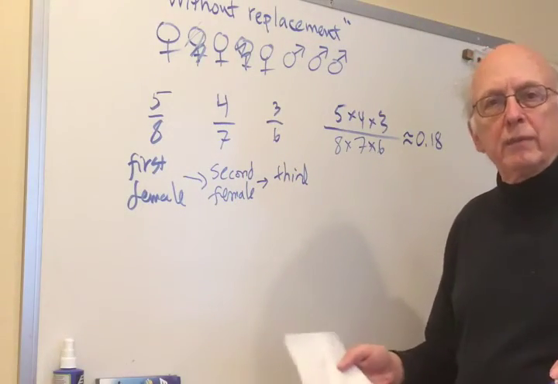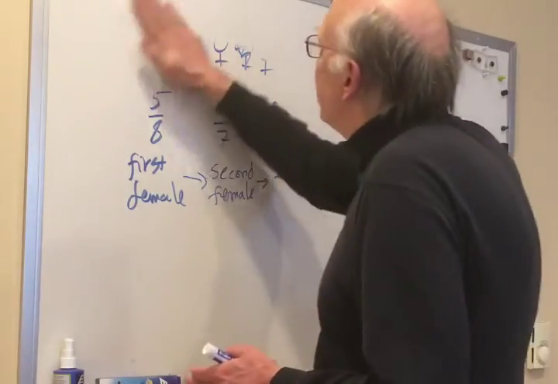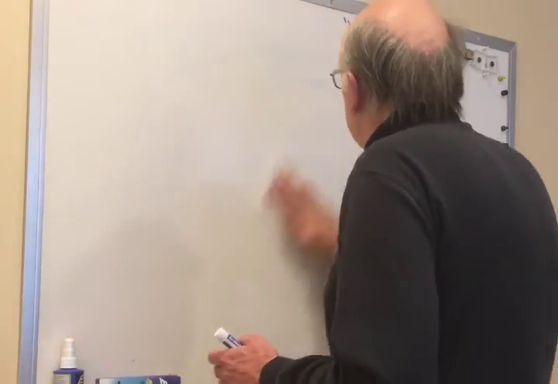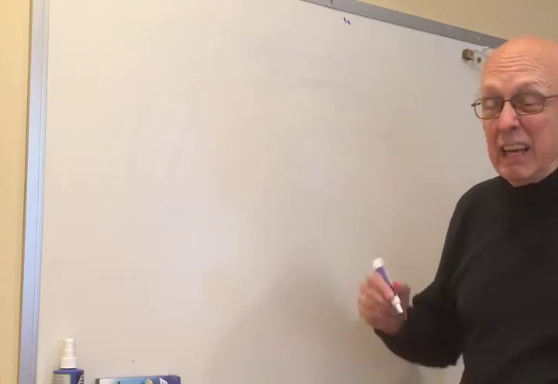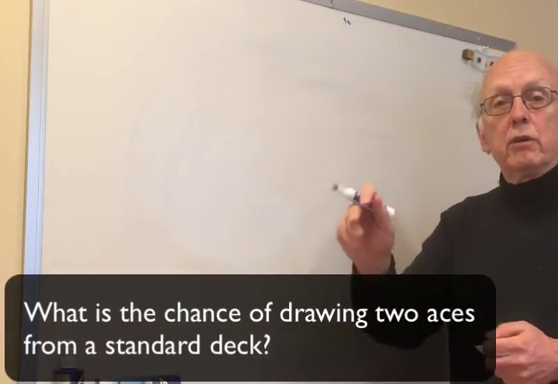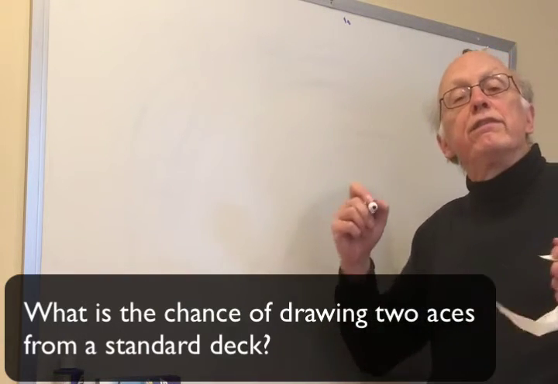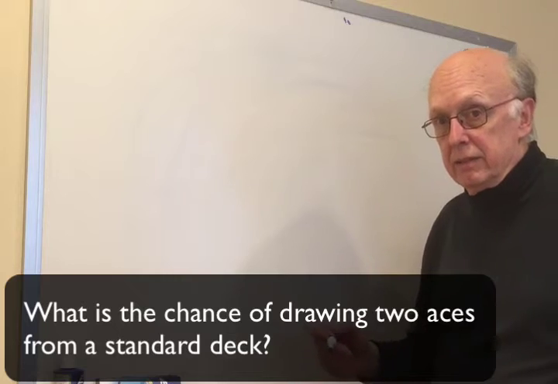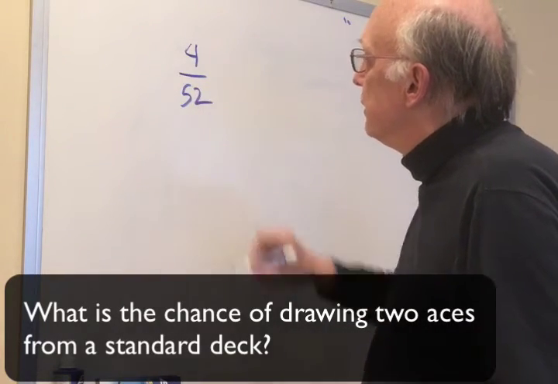There's a whole other family of problems where this same principle occurs, and that's when you're drawing from a deck of cards. Like, what is the chance of drawing 2 aces if you pull 2 cards? The chance of the first card being an ace is 4 out of 52.